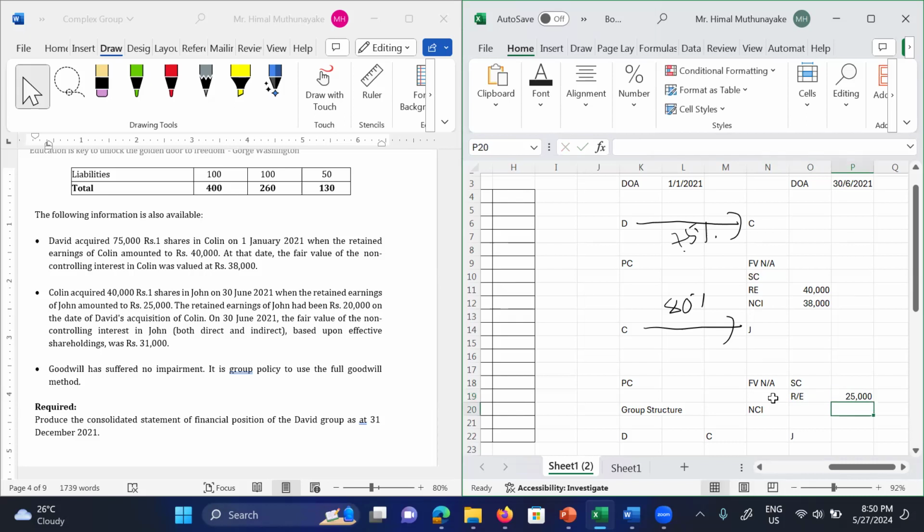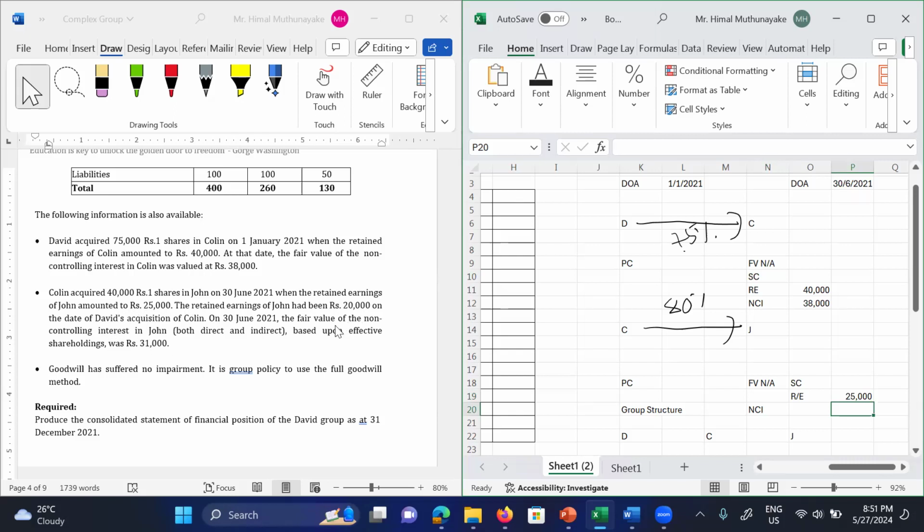The retained earnings of John had been 20,000 on David's acquisition of Collins. They have given retained earnings at the acquisition date, that is, the date David acquired Collins, to mislead us. We learned why the acquisition date is important: we calculate goodwill using the information at the acquisition date.